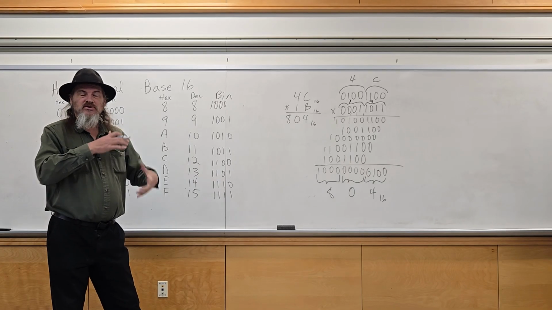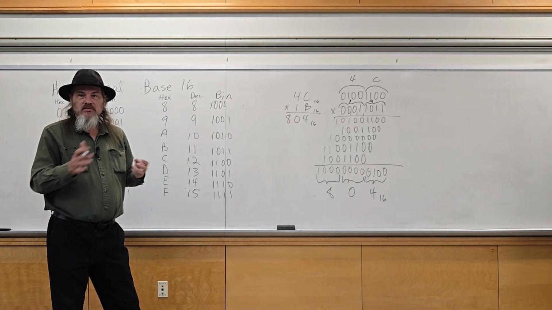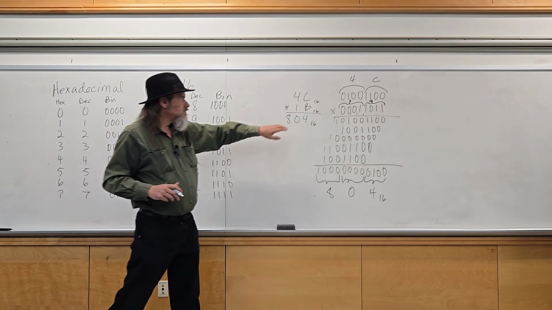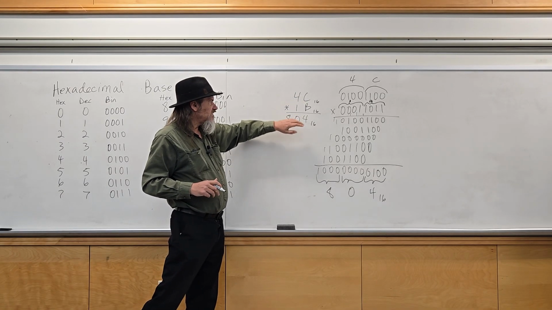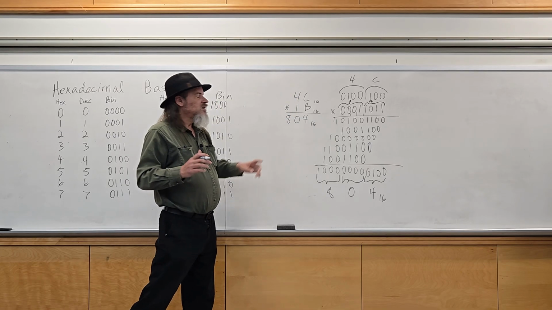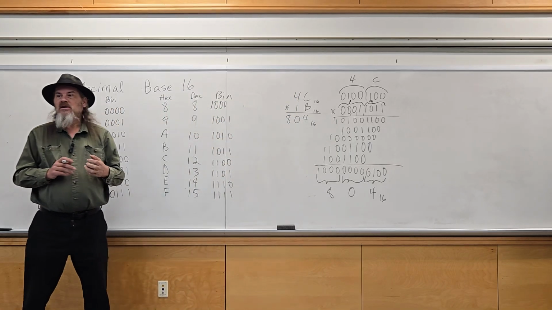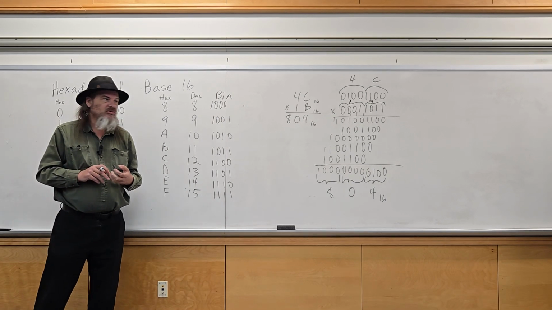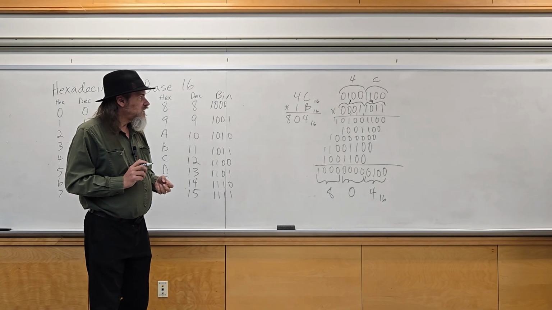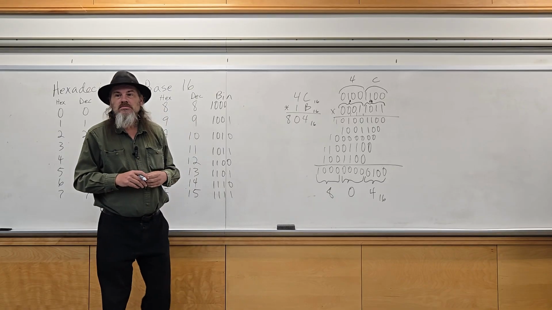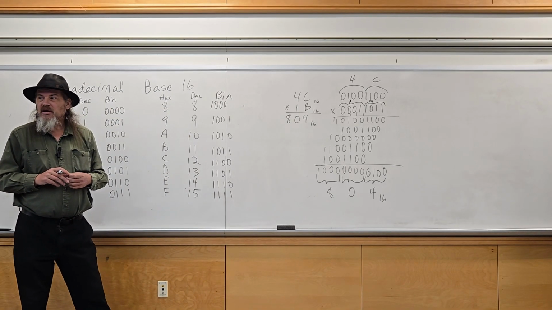Because the conversion from hexadecimal to binary and back is easier than figuring out what B times C is in hexadecimal and what you carry over, and it's just a mess. So rather than learn a whole different system of multiplication tables, you would just convert to binary and go from there, because the multiplication table for binary is a lot easier.